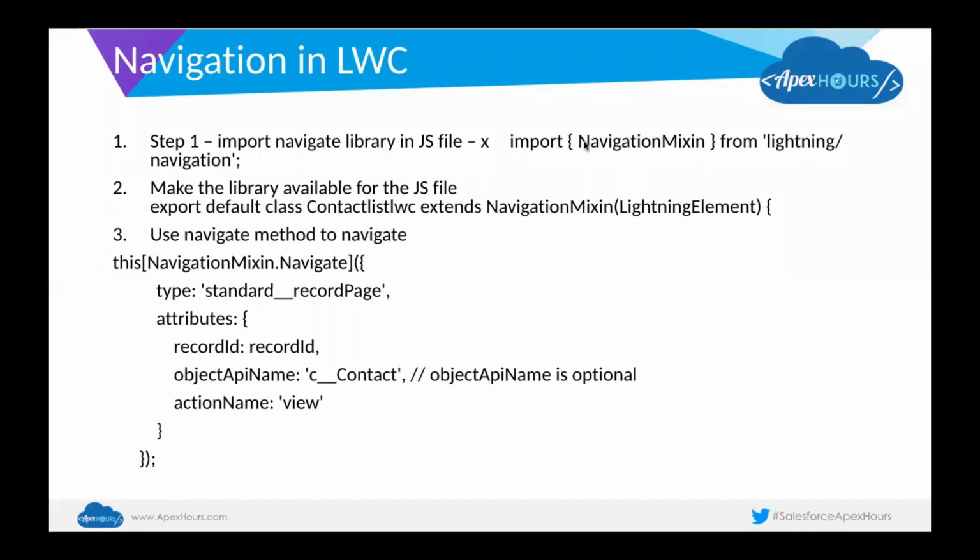If we don't do this, we will see while we are developing our JavaScript class, we will not be able to use navigation inside the lightning component. And one more thing about navigation is we cannot use lightning navigation if we are using our lightning component inside a web page, or inside a lightning application. So these are the limitations of lightning navigation.